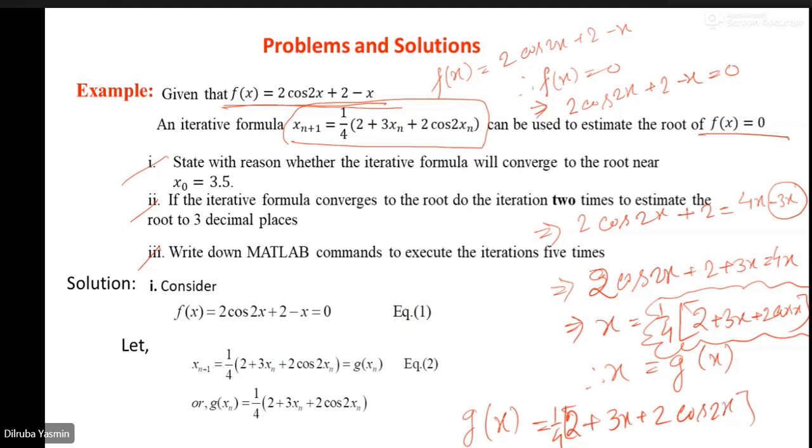Do you understand how we get z of x now, and how we get the iterative form?